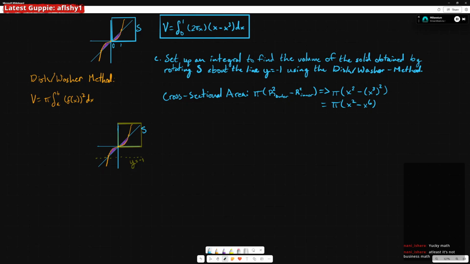So then that means that our volume will be equal to pi from 0 to 1, because we're still going from 0 to 1, for our area over here.